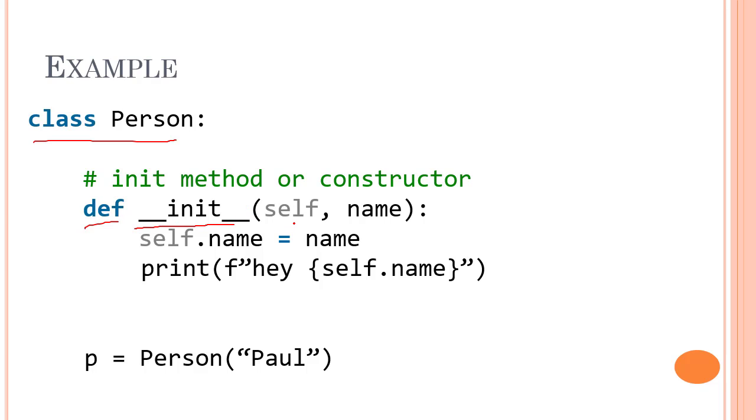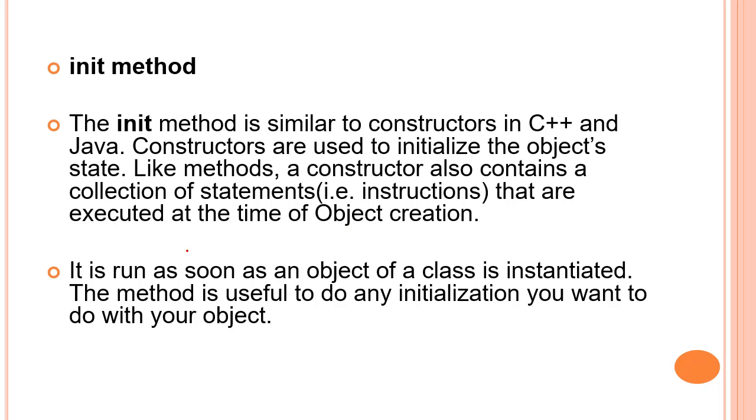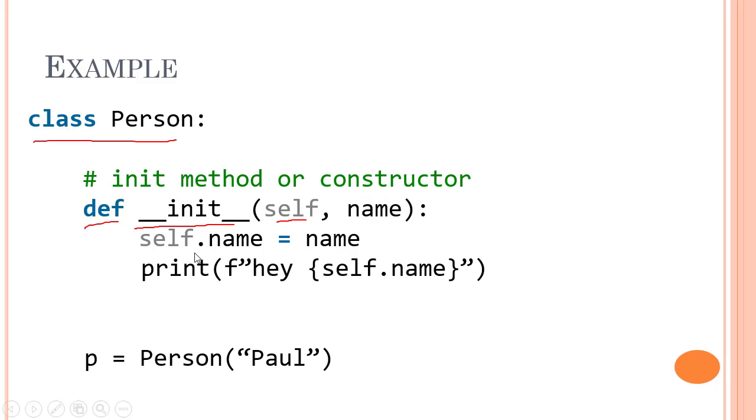So def init, and then we have the self keyword, and then we have some variable. In the second line, what I'm doing is giving reference to itself, that is self.name is equal to name, and at the end I am just displaying print hey self.name with an f-string, and then I'm creating an object for that particular class.